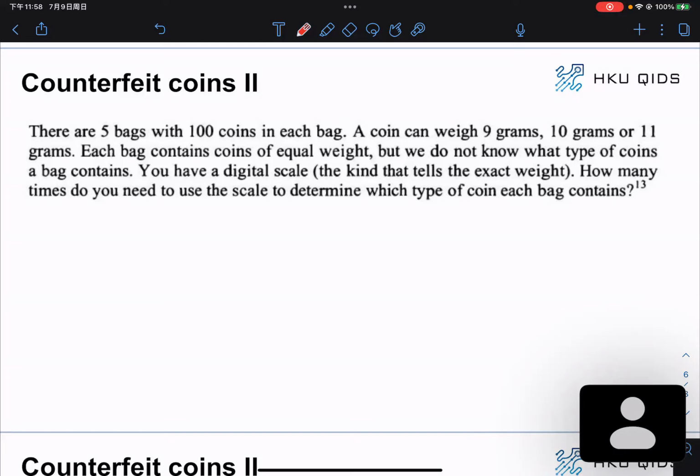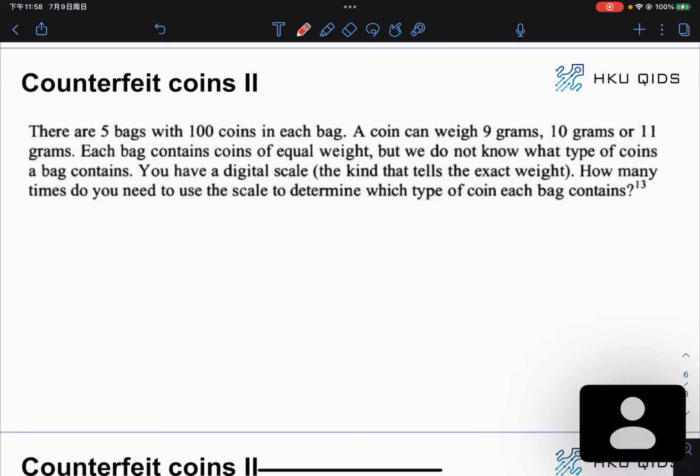Each bag contains coins of equal weights, but we do not know what kind of coin a bag contains. You have a digital scale, the kind that tells the exact weight. How many times do you need to use the scale to determine which type of coin each bag contains?